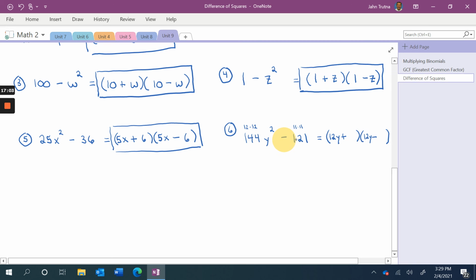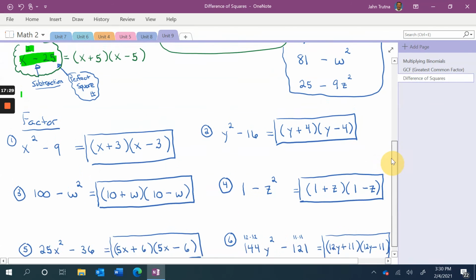And then I'm going to end it with, since 121 is 11 times 11, plus 11 minus 11. So 12y plus 11 times the quantity 12y minus 11 would be the two expressions that multiply together to make the given expression 144 y to the second minus 121.